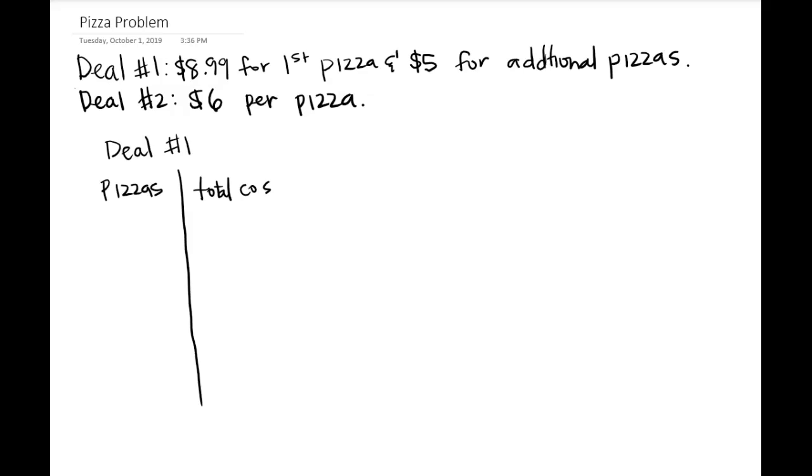All right. Then for the first pizza, we know that the first pizza is $8.99, so the total cost is $8.99. But for 2 pizzas, that's going to go up by $5, so that would mean it's $13.99. And if we go up a little bit more, for 3 pizzas, $5 more would be $18.99.